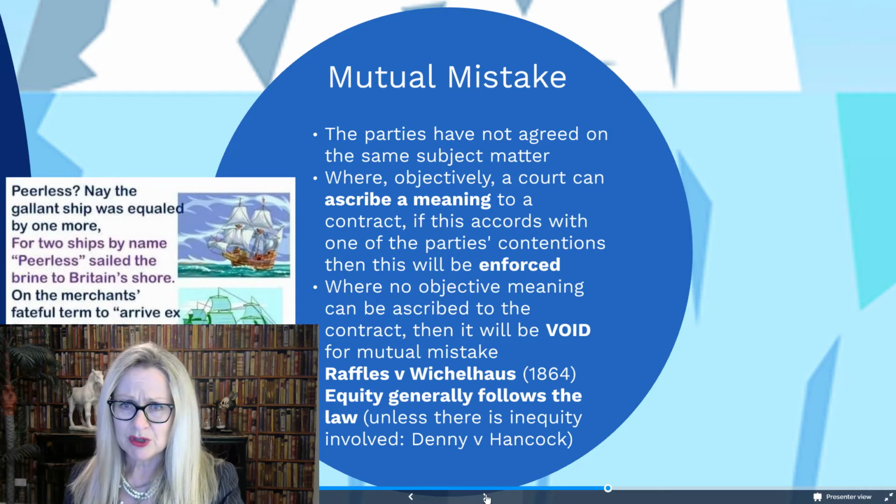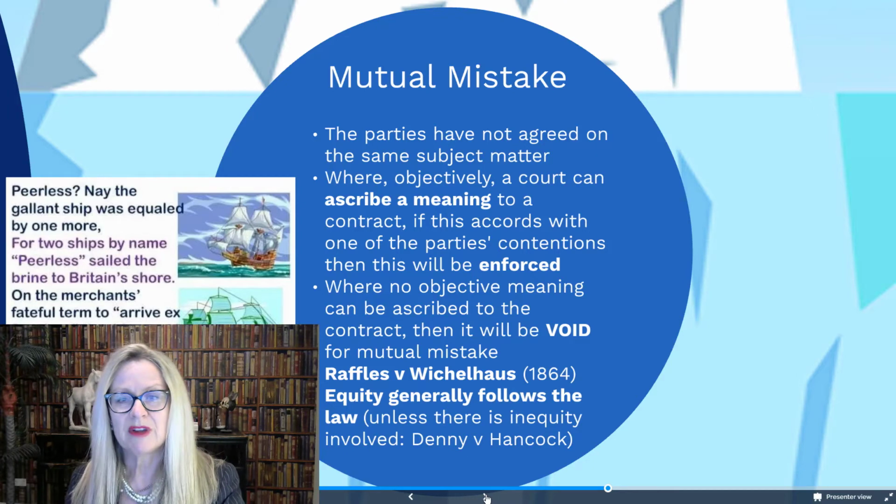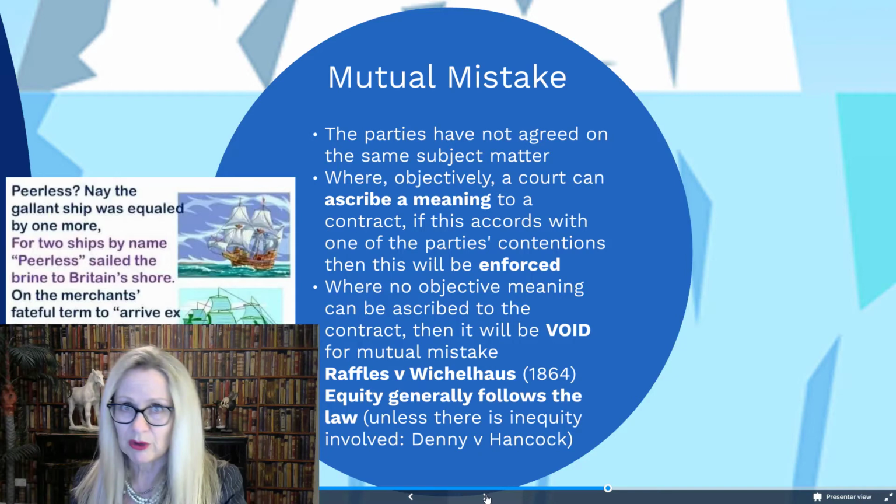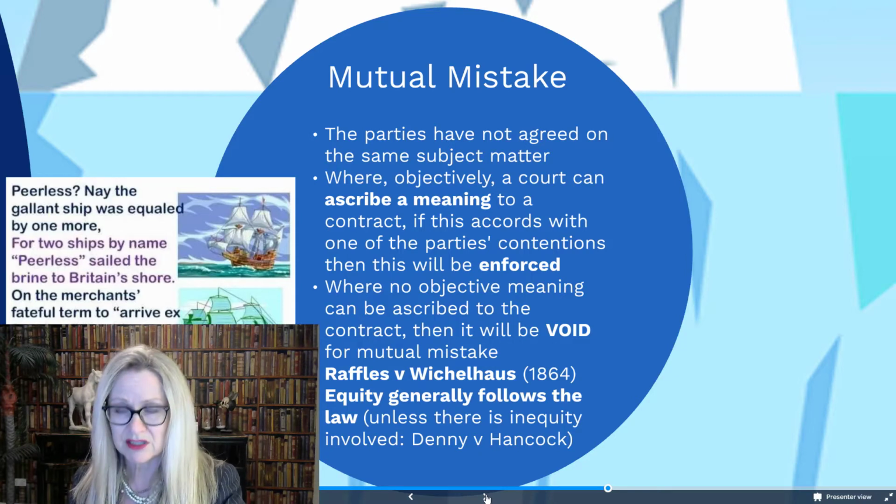The thing with mutual mistake is it will never succeed if the court can make an objective interpretation of the contract. If they can do that and they can work out, well, one or other of the parties actually got it right, then the argument for mutual mistake will not succeed.